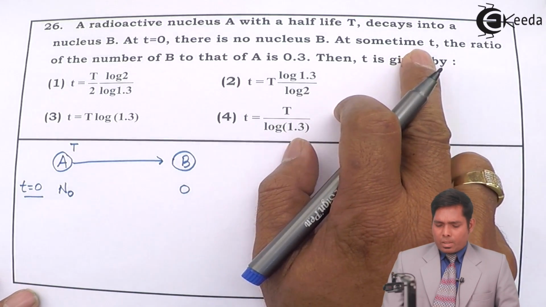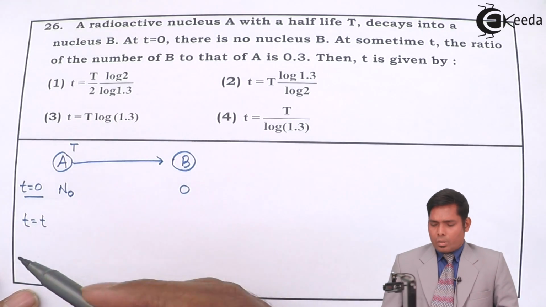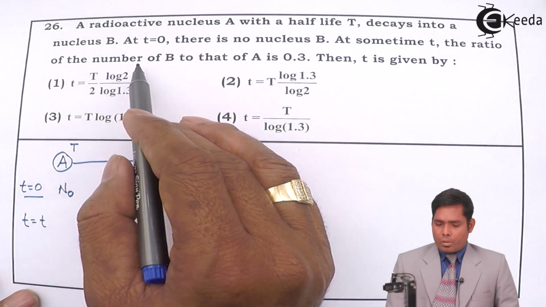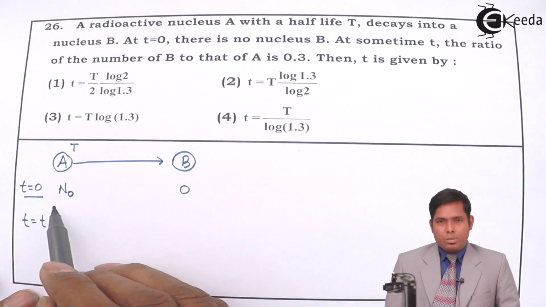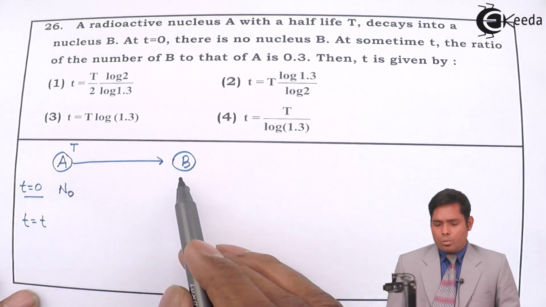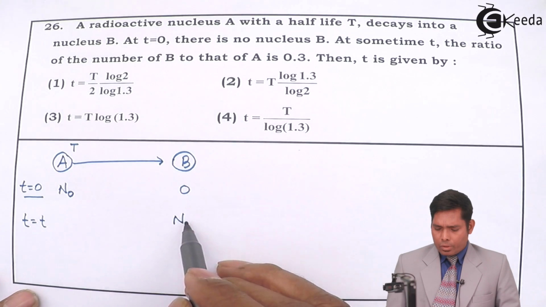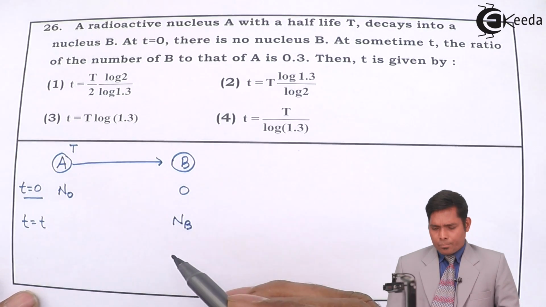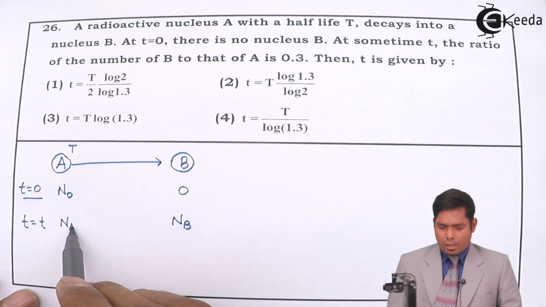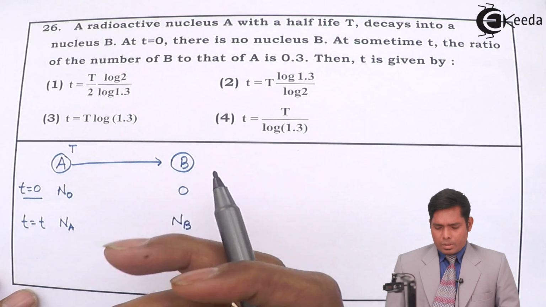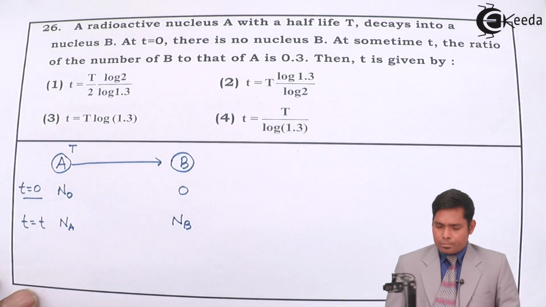After some time, some of the nuclei will decay to B. I'll say the number of nuclei of B is Nb and the number of nuclei of A is Na. Definitely Na plus Nb must be equal to N naught. There is no doubt about that.